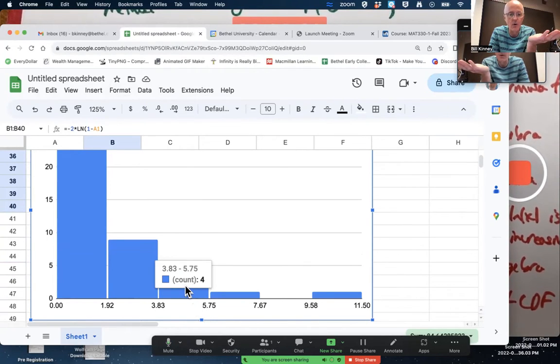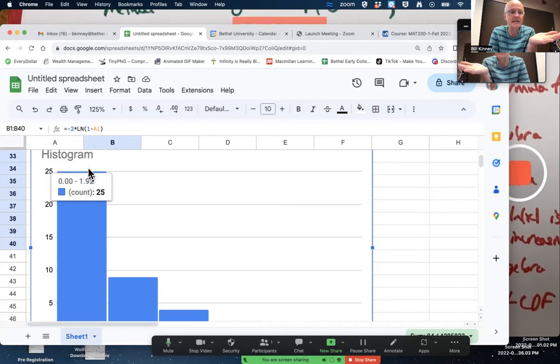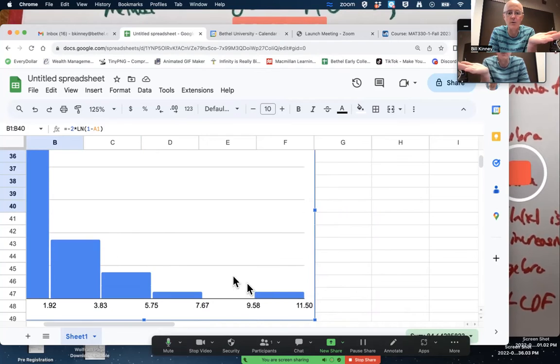For example, it looks like there are 4 numbers in that range. The spreadsheet is deciding where to cut these numbers off. It made an executive decision for me. Not necessarily the best choice, but I do see something with a pattern going downward, kind of like an exponential decay. This does work. This is what you would want to do to simulate such a distribution if all you have is a spreadsheet.